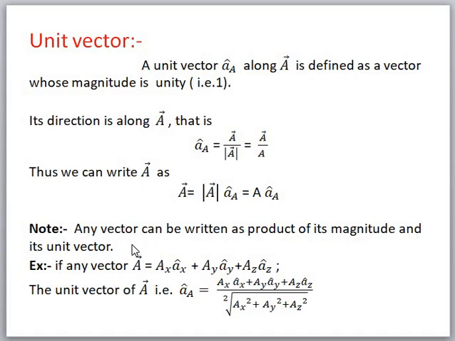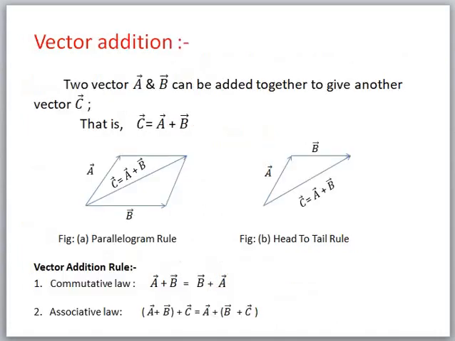For example, if a given vector A is equal to ax cap plus ay cap plus az cap, the unit vector of vector A, that is A cap, is equal to ax cap plus ay cap plus az cap upon the square root of ax square plus ay square plus az square.